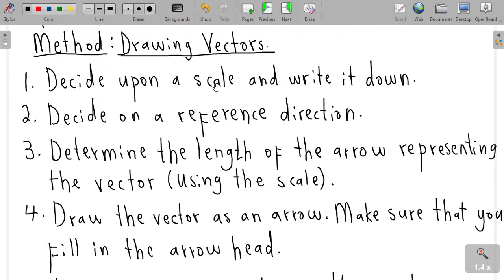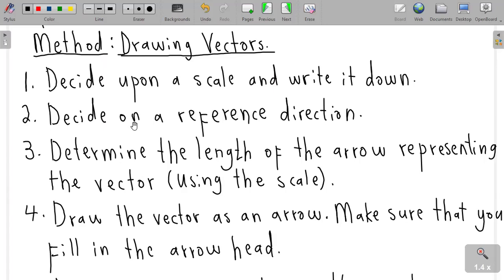And then number 2, you have to decide on a reference direction. Why do we have to decide that? Remember how we defined the negative vector.